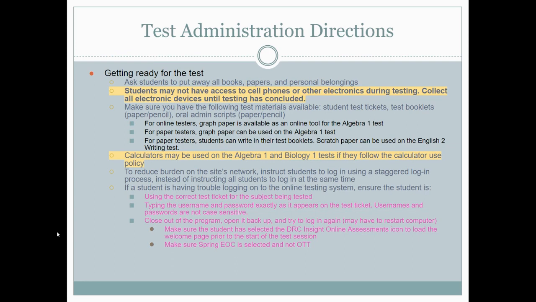And make sure, because when a student is on their Chromebook, they may see SC Ready testing on there because it's the same platform. They also may see the online tools training because, again, it's all DRC. It's the same test platform. So make sure that they are selecting Spring EOC, and that should do the trick.